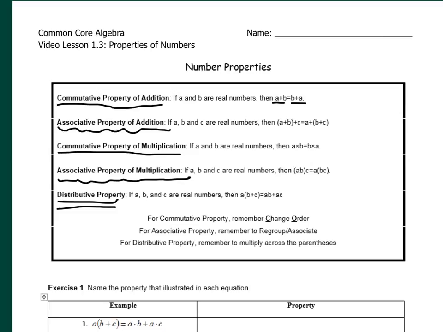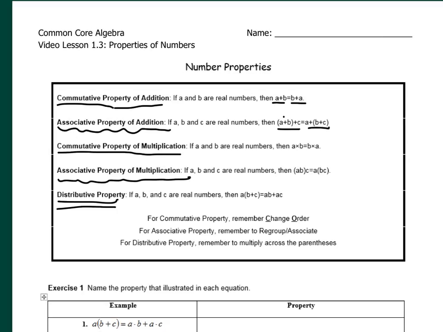The associative property of addition is a bit different. If you look on the left side, you have a plus b plus c. On the right side, you also have a plus b plus c. So the order didn't change at all. The order is a, b, c, with plus signs in between. However, on the left side, look what's in parentheses. It's the a plus b over here that's in parentheses, so PEMDAS tells us to do that first.